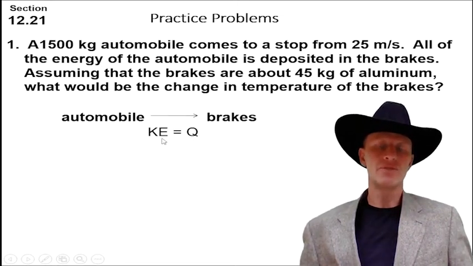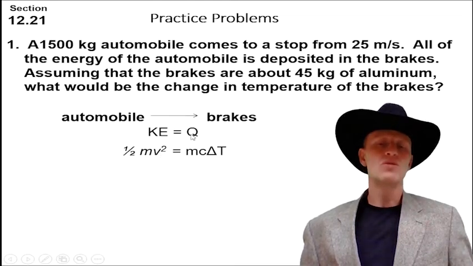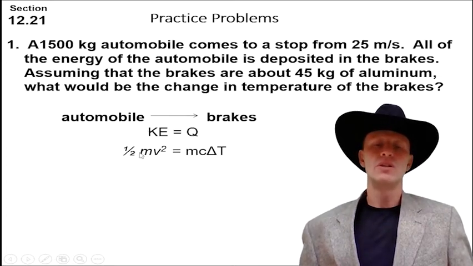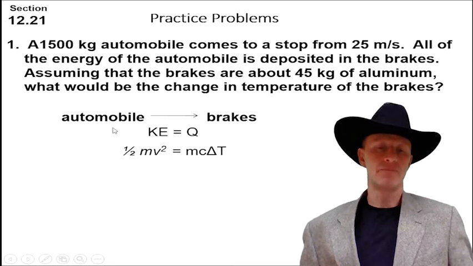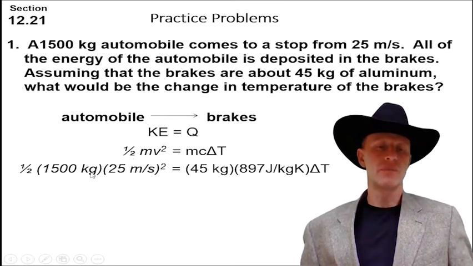So KE's formula is 1/2 mv squared. Q's formula is mc delta T. Now these variables are referring to the brakes, and these variables are referring to the automobile. These masses are not the same. This is the mass of the automobile. This is the mass of the brakes. For this one, we have a 1,500 kilogram mass, and it's moving at 25 squared.